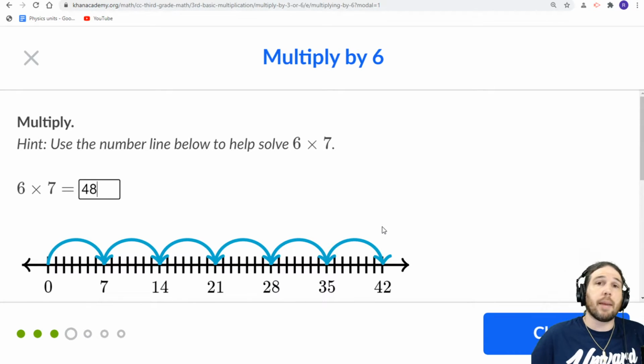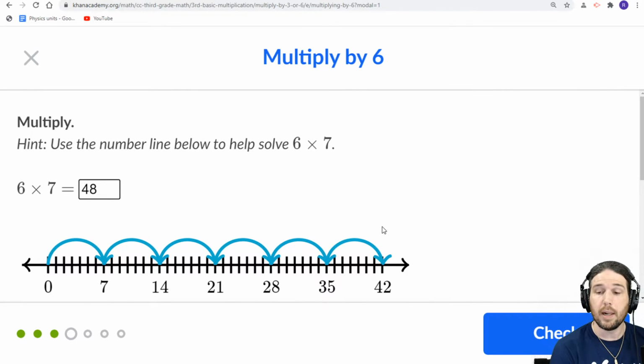When you are multiplying by 6, what I tend to do, and again, this is just what works for me, is I try to multiply by 2 and then 3, or the other way around. Doesn't matter which order, but I want to multiply by 2 and I want to multiply by 3. So if I'm doing 7 times 6, I could do 7 times 3 is 21. 21 times 2 is 42.